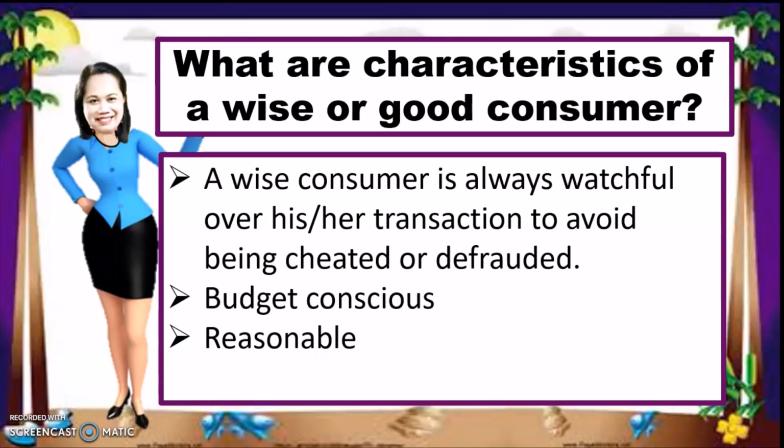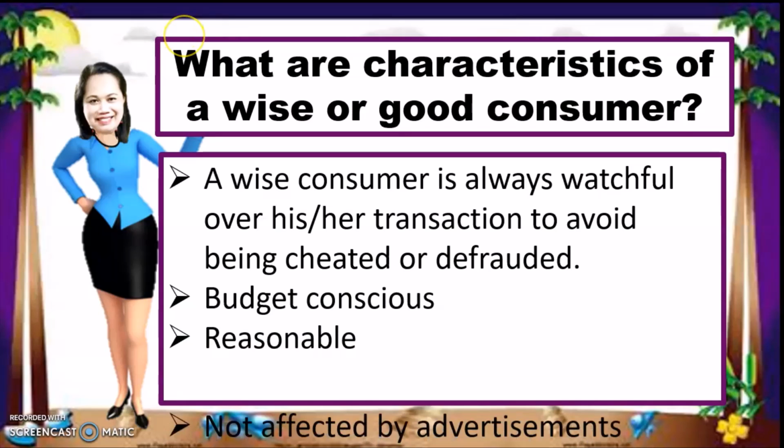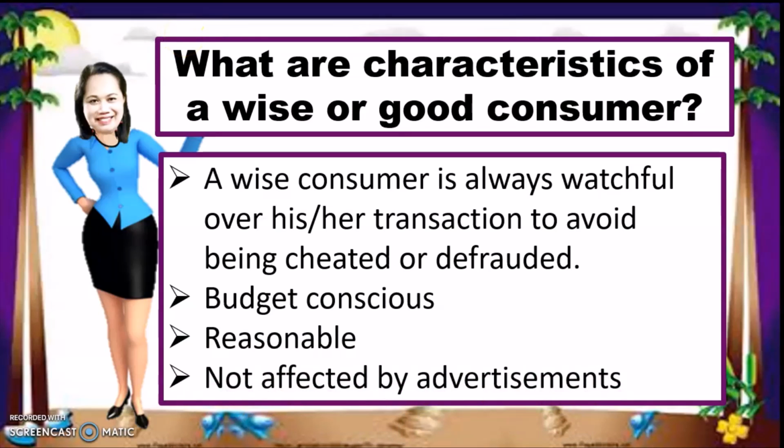Okay, a reasonable consumer always takes into consideration the price and quality of the product because of the limited budget in shopping and wants to attain the satisfaction and value of every centavo spent. The next one is not affected by advertisement because advertisement is very exaggerated. Sometimes they say their product is good, but when you buy it, it's not that good.